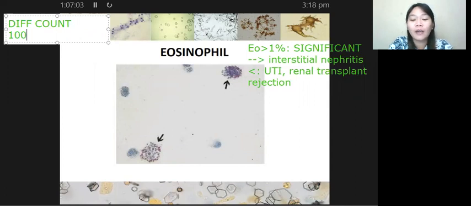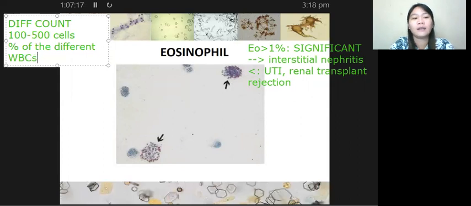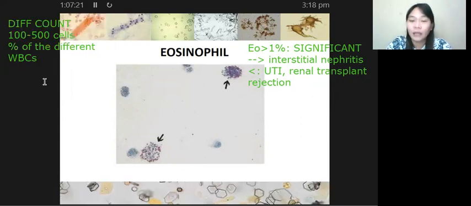In particular, you have to count 100 to 500 cells, and then you determine the percentage of the different WBCs. So out of 100 to 500 cells, ilan ang eosinophil, ilan ang neutrophil, ilan ang mononuclear cells. So we also perform it in your urine sample.